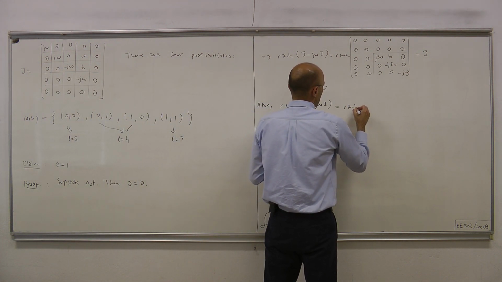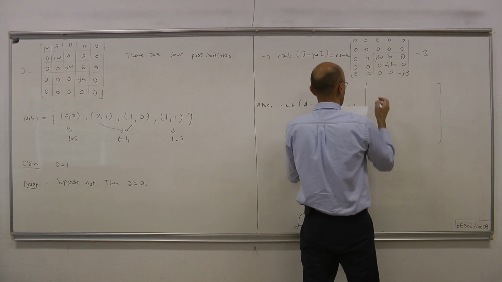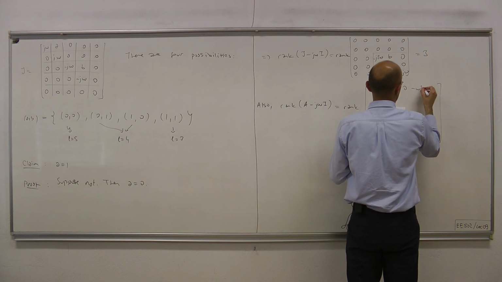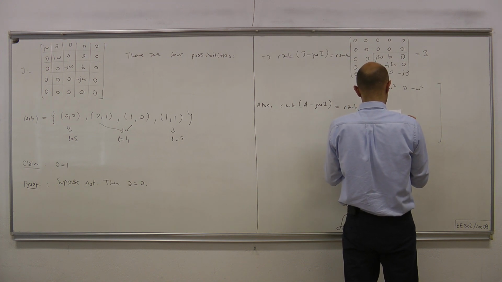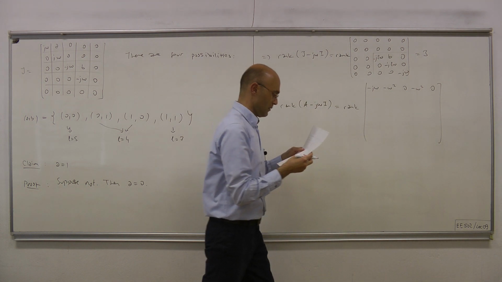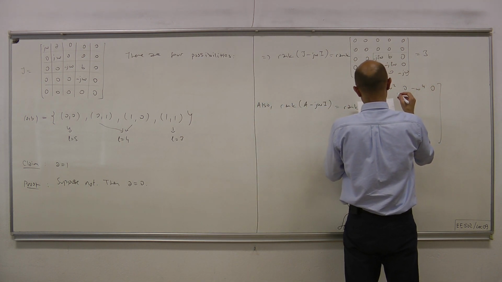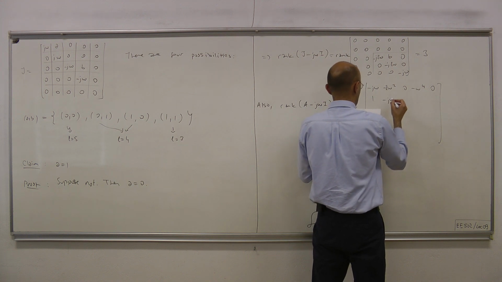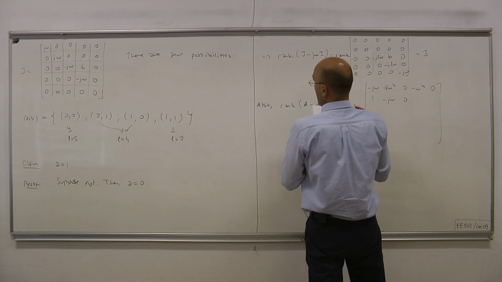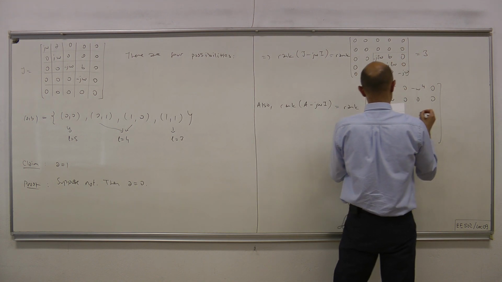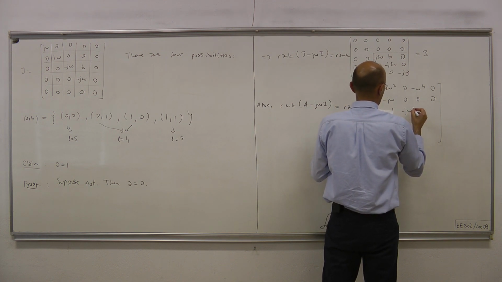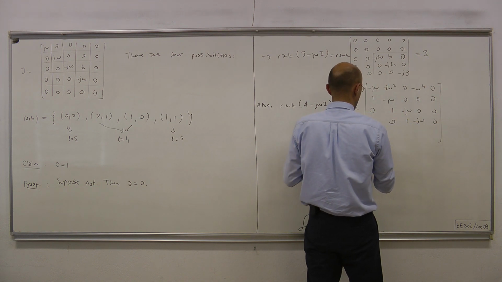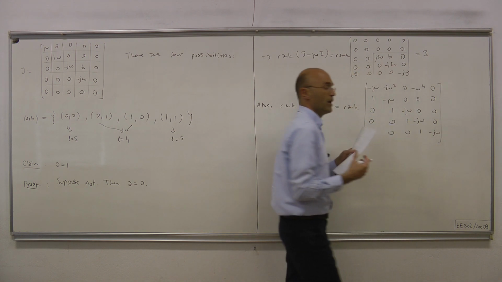So that equals the rank of this matrix: minus jω, minus ω², 0, minus ω², ω⁴, and this is, excuse me, 2ω². Okay, and here we have 1 minus jω, 0, 0, 0, 0, 1 minus jω, 0, 0, 0, 0, 1 minus jω, 0, and finally 0, 0, 0, 1 minus jω.